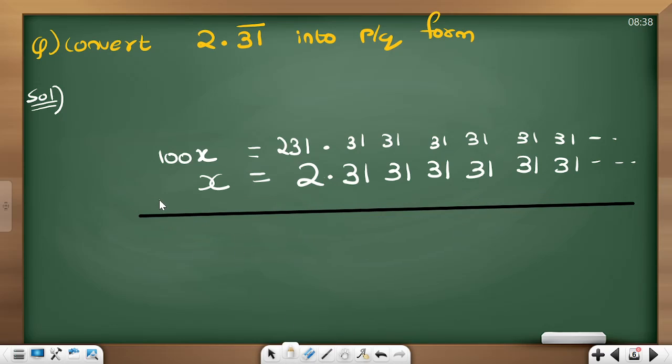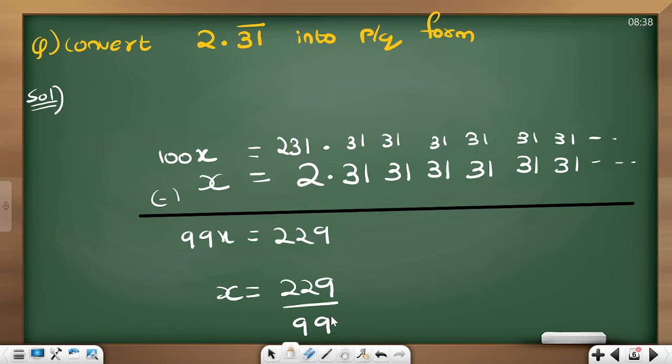So now you can easily subtract. 100x minus x is 99x, 231 minus 2 is 229.000. That's nothing but 229. Therefore in the p by q format it is going to be 229 divided by 99. If it is divisible by anything, you can convert it into a simpler fraction. Otherwise this is your answer.